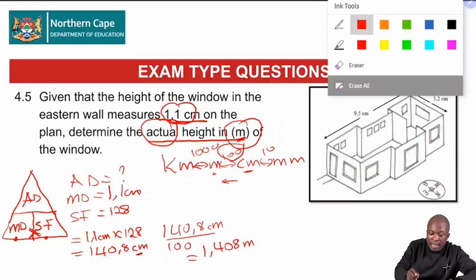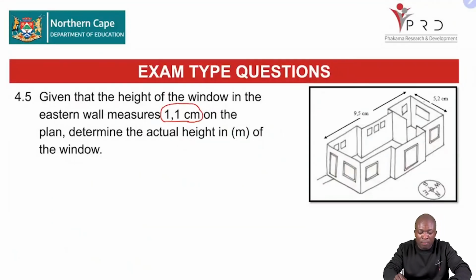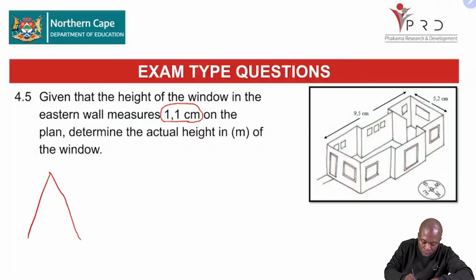So on your side, what is the 1.1 centimeters? Good. That's our map or measured distance. What did I say you need to draw? Good. Draw your triangle. This side will be actual distance.